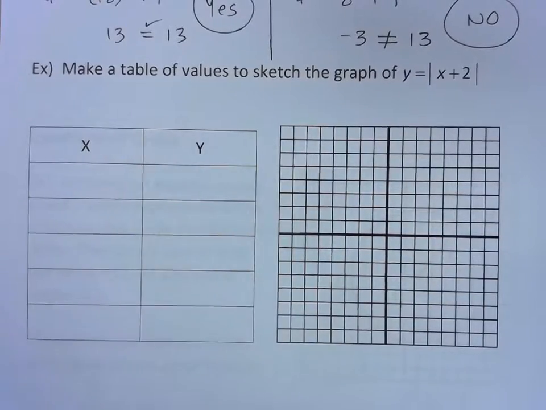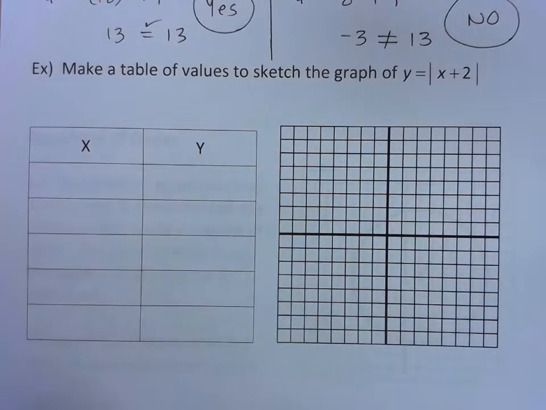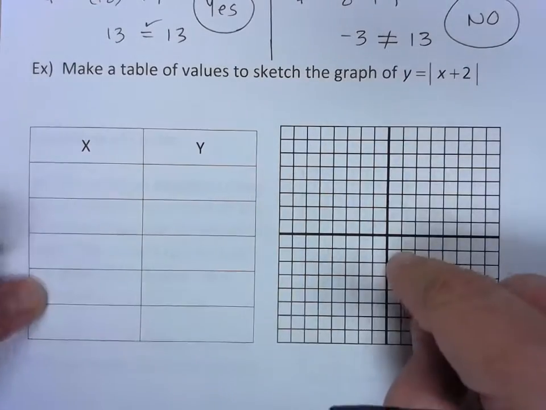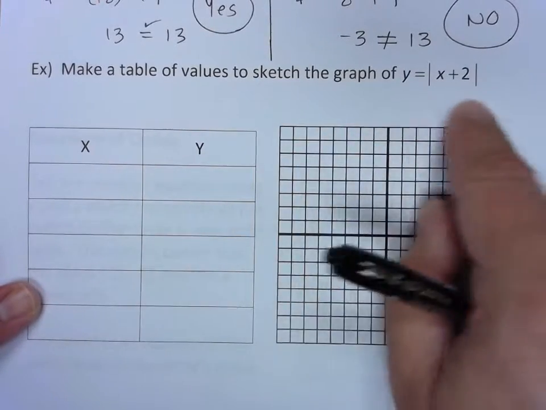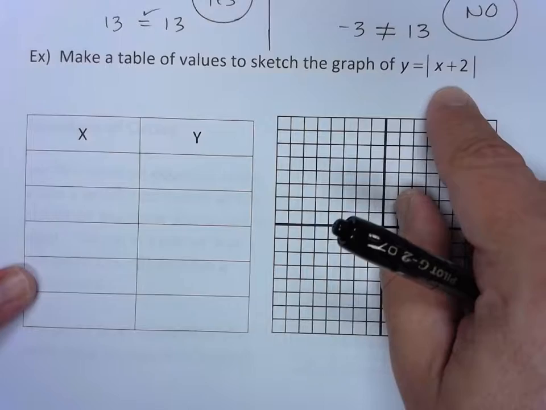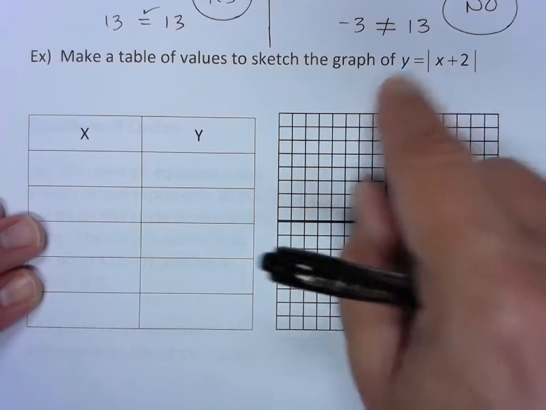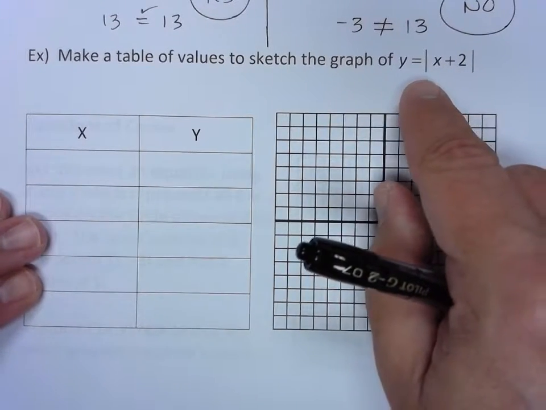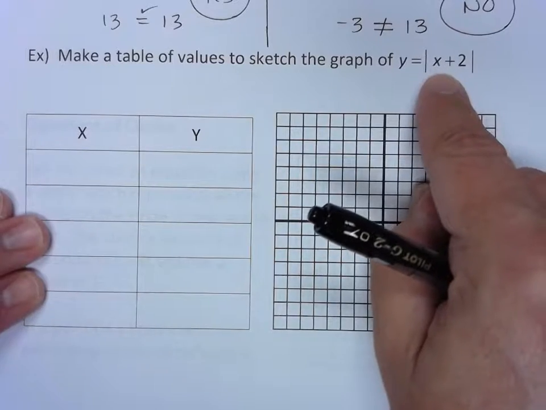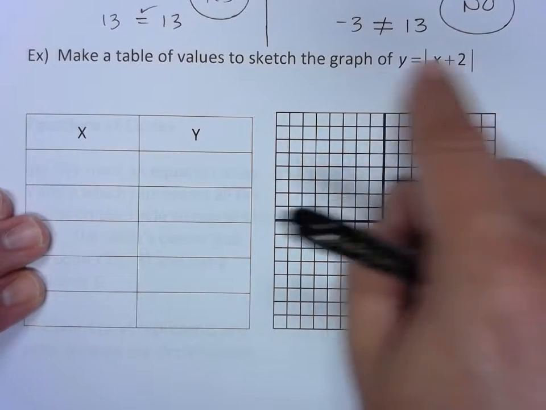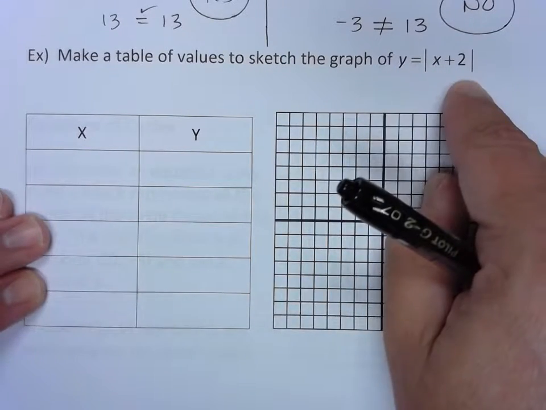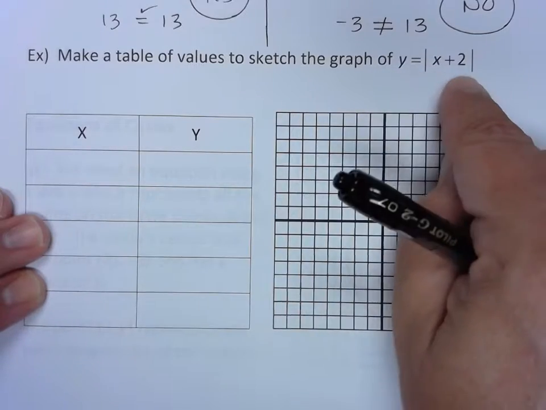Okay, now yes, you have a graphing calculator that can make a table of values for you, but I need to assess your ability to build this table from your mathematical thinking. So we're making a table of values for the graph of the equation y equals absolute value of x plus 2. Based on the way the equation is set up, y is defined in terms of x.